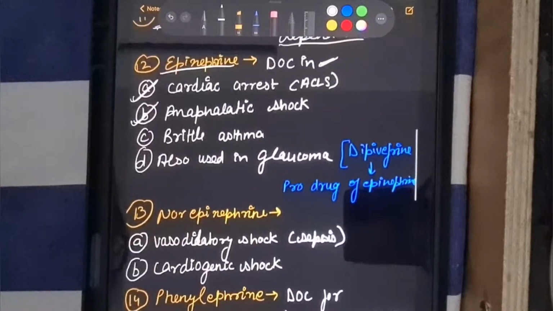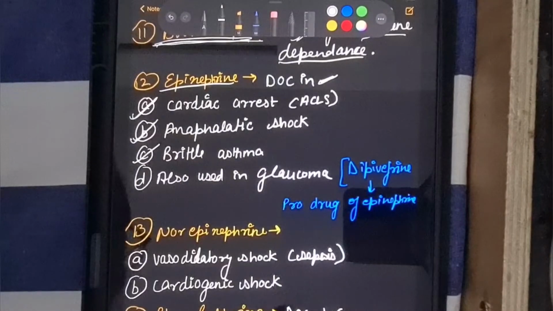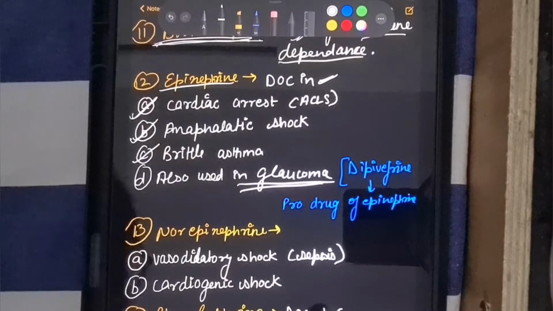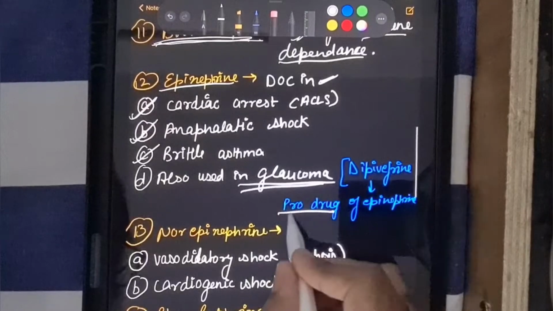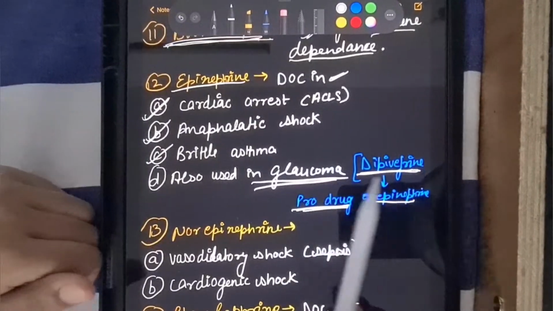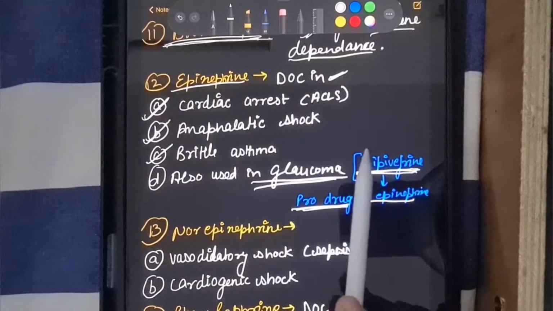The third is brittle asthma, and it is also used in glaucoma. But in glaucoma, we do not use epinephrine itself. We will use the prodrug of epinephrine, which is dipivefrin.